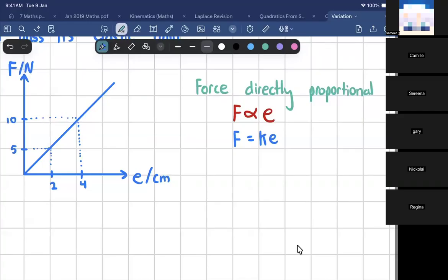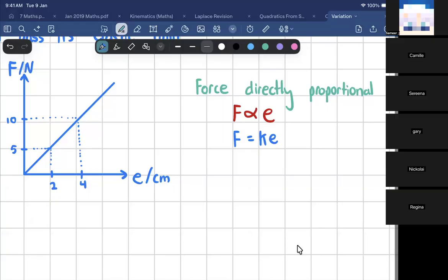Yes. This is like our physics problem: F versus E, so F on the y-axis and E on the x-axis. If you wanted to find K, wouldn't you just find the gradient? If you find the gradient of that line, you would get K.